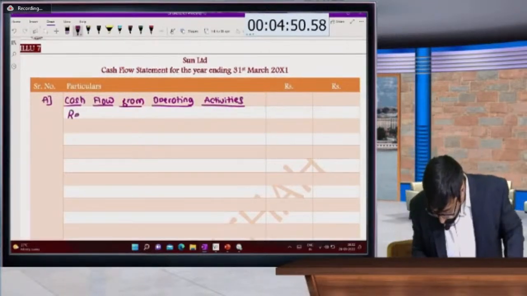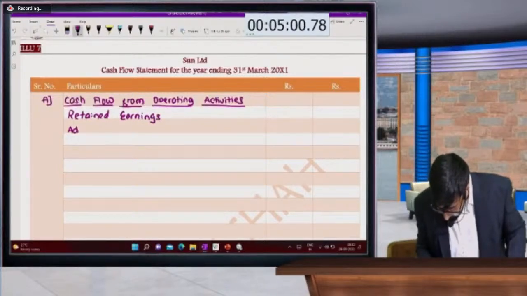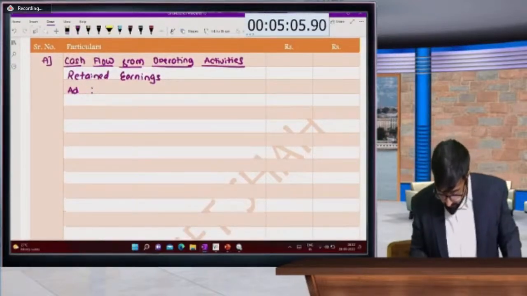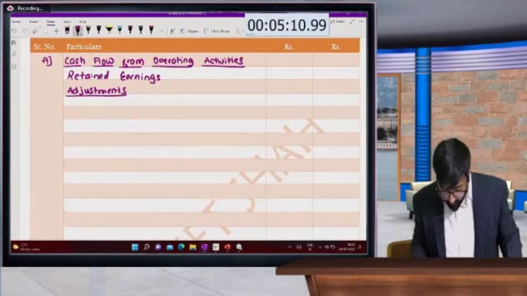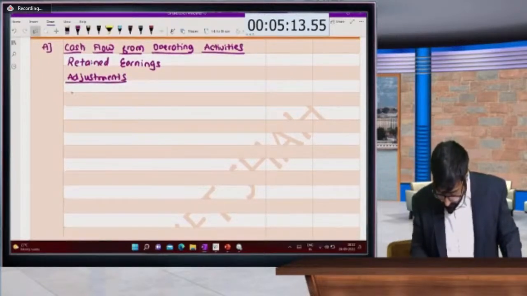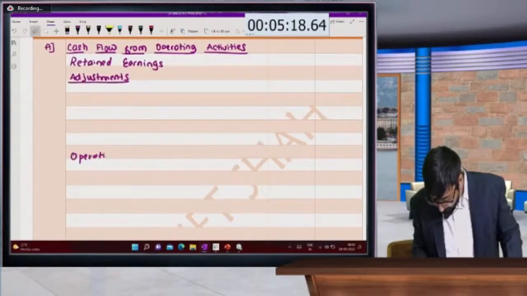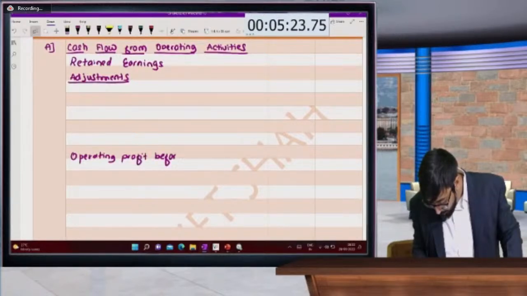We will start with retained earnings. Retained earnings. Add adjustments. After 6 lines, operating profit before working capital changes.